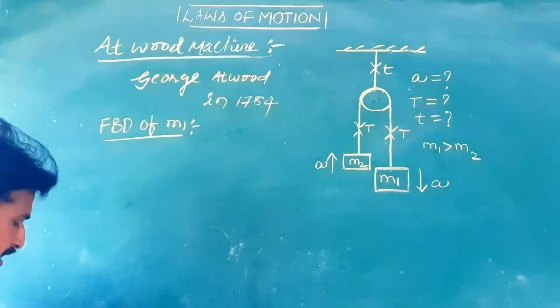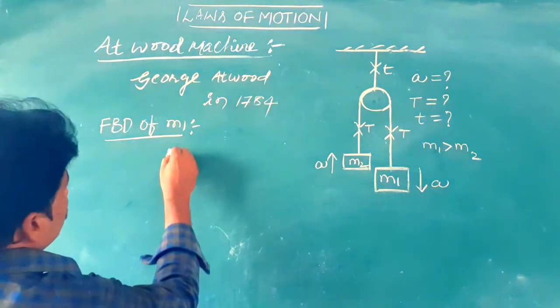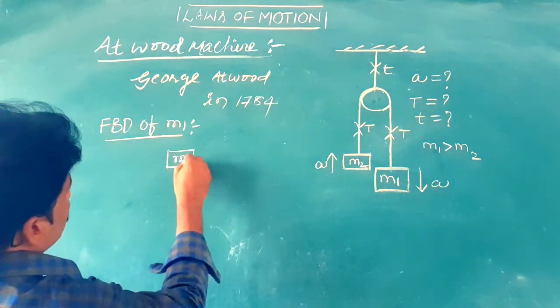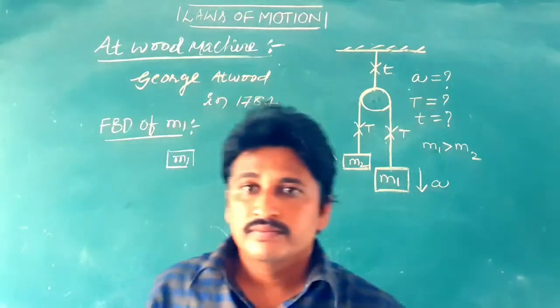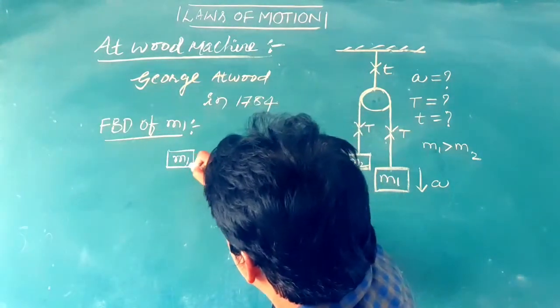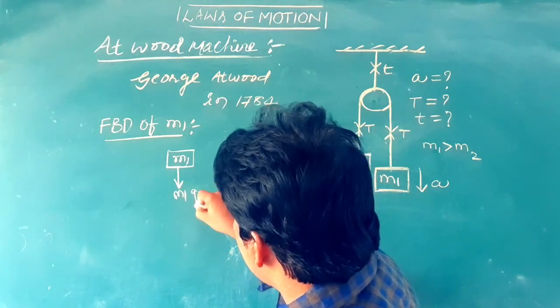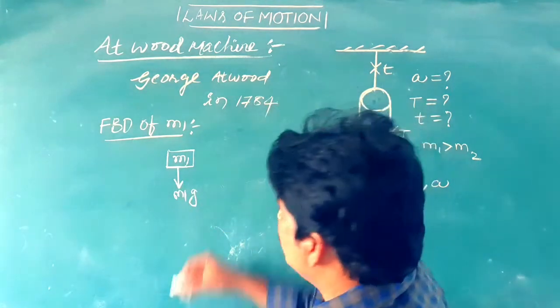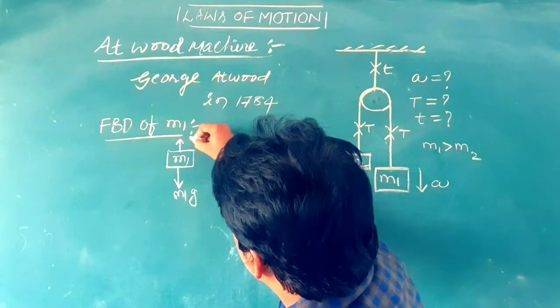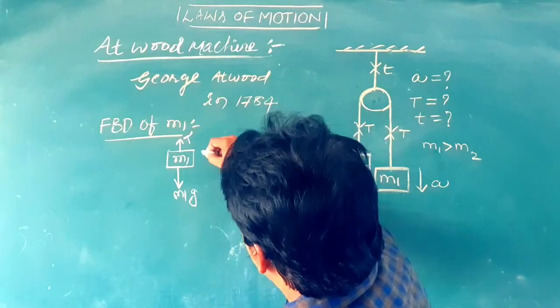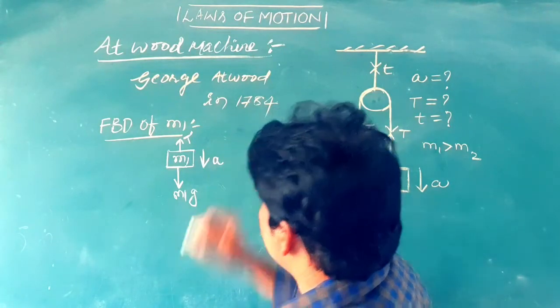Now take the FBD here. This is M1. Due to gravity, M1g acts vertically downward and tension T acts upward, and the block moves in the downward direction.